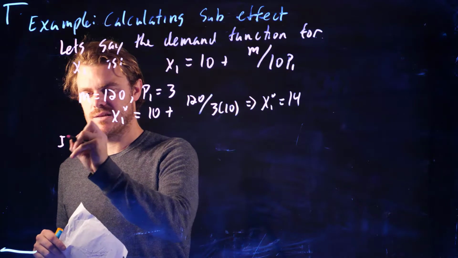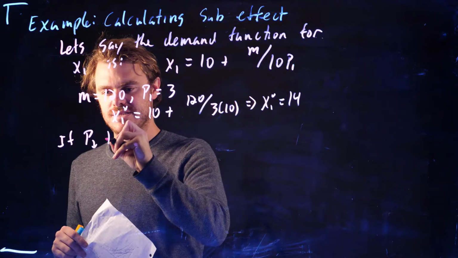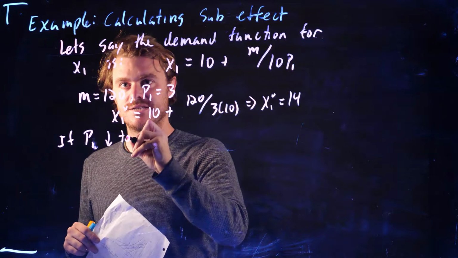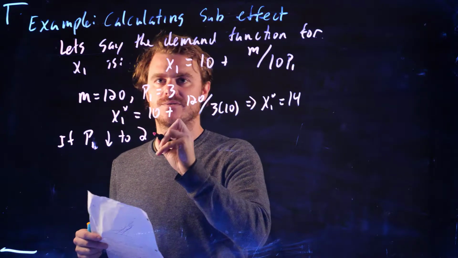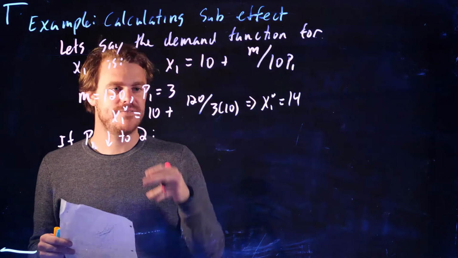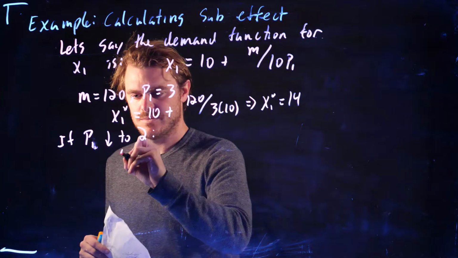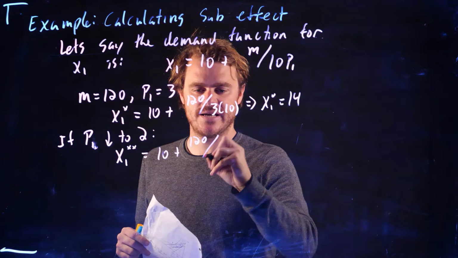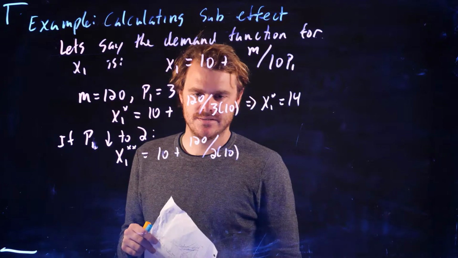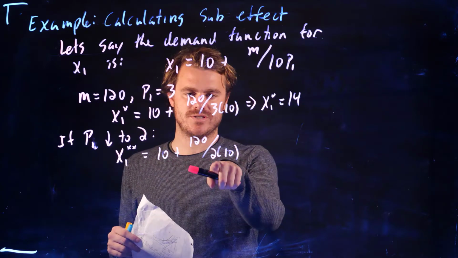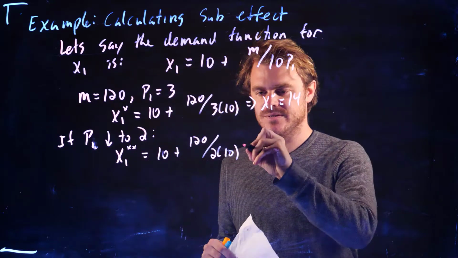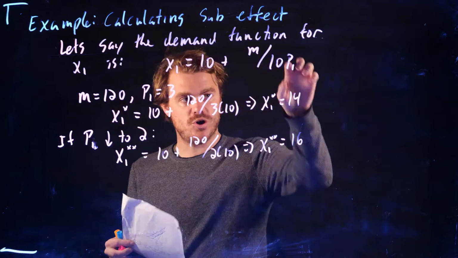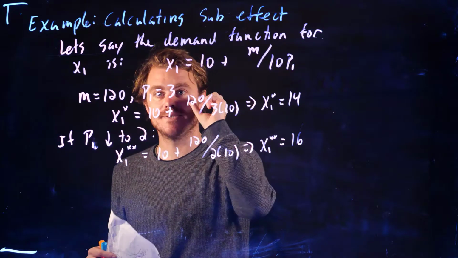Now let's say the price of good one decreased to $2. Well, we could figure out the optimal bundle now. I'm going to put 2 stars on it. It's 10 plus 120 over 20, which is 6, so 10 plus 6 equals 16, the new optimal bundle.